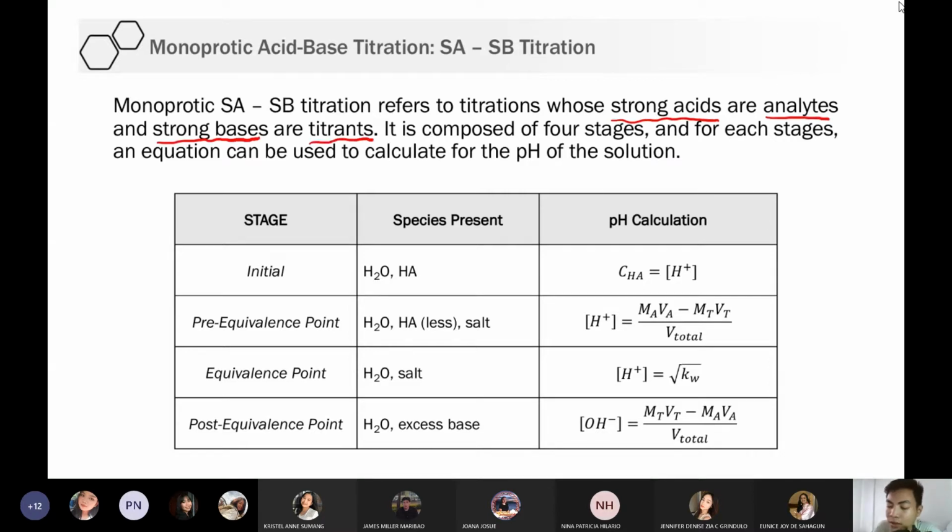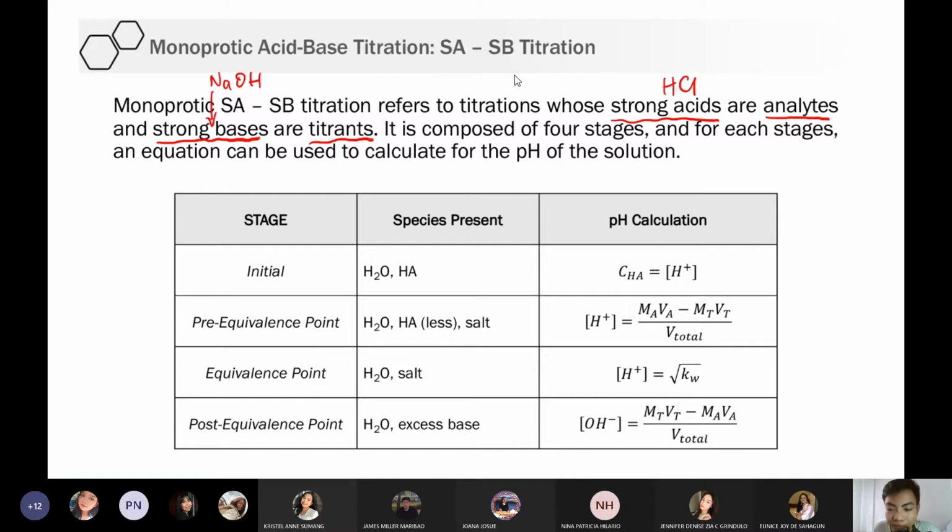Pag sinabi kong SASB, strong acid, strong base, meaning nun, yung acid ay yung analyte and yung base ay yung titrant. So, let's say strong acid, HCl, tapos yung strong base mo ay sodium hydroxide. Itong reaction na to, strong acid, strong base titration yan.